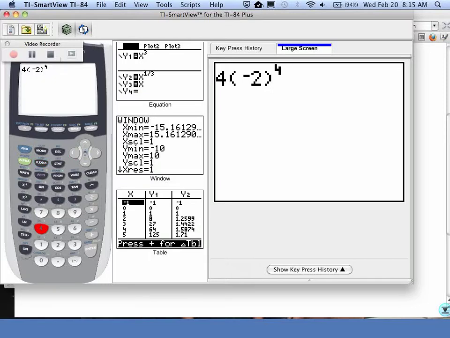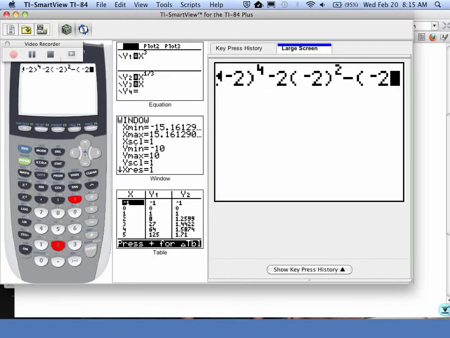So I put negative 2 in for x. What's the next term? Negative 2x squared, so negative 2, and again I put negative 2 in for x, so negative 2 squared. What's next? Minus x. Remember, our x value is set at negative 2, so minus a negative 2, and then plus 1.